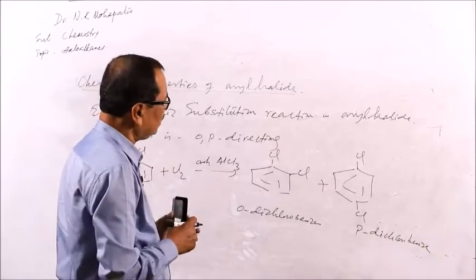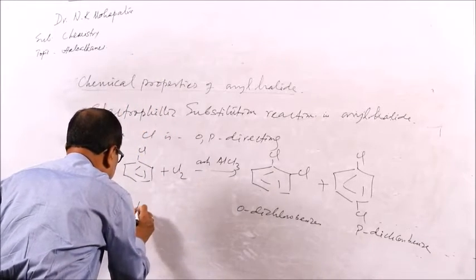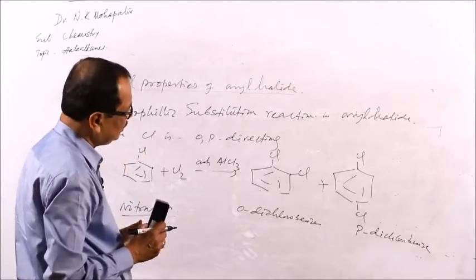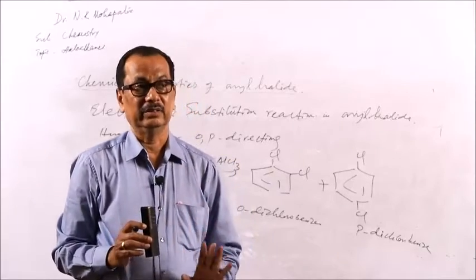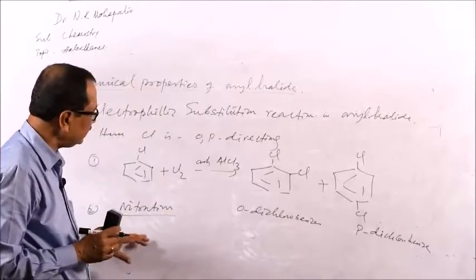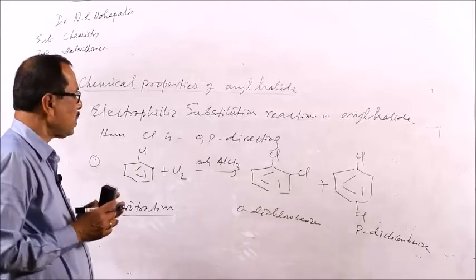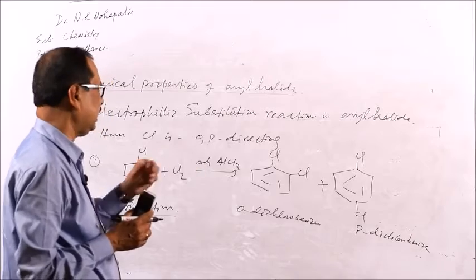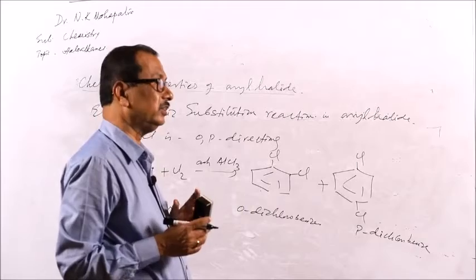Similarly, you can carry out other reactions, halogenation, nitration. As you know, benzene is nitrated in presence of concentrated sulfuric acid and concentrated nitric acid to give you nitrobenzene. Here in case of chlorobenzene or aryl halide, the nitration is carried out in presence of concentrated sulfuric acid and concentrated nitric acid.